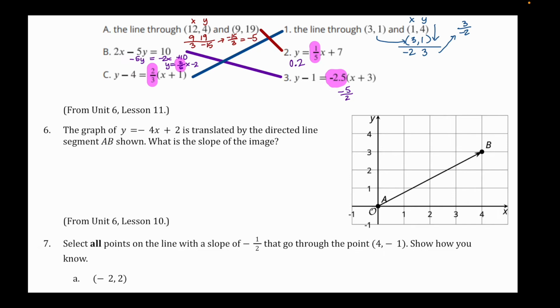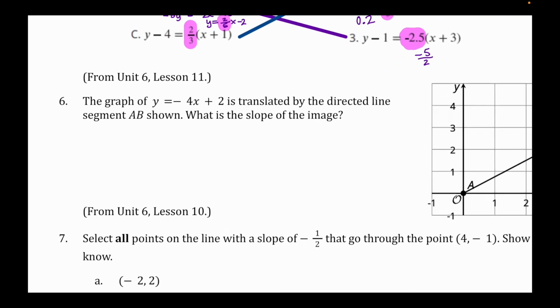A translation will not affect the slope because every point is being moved in the same way. So the slope of the image is the same as the pre-image, and that's going to be the negative 4 attached to this x here.